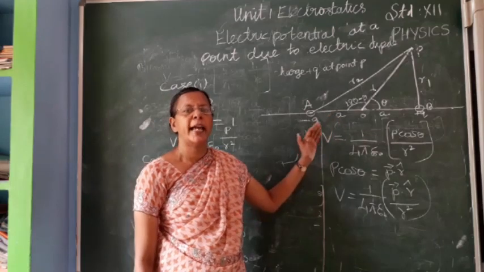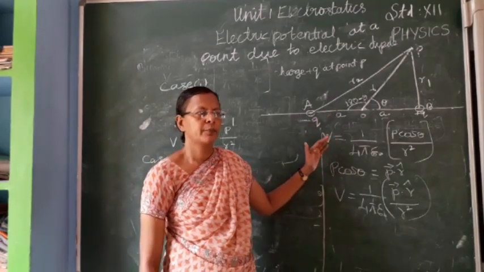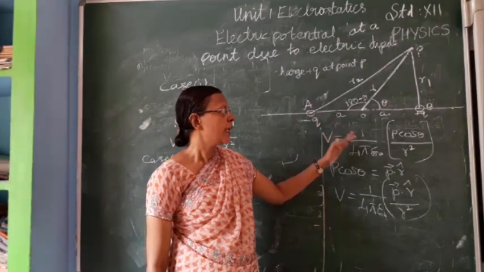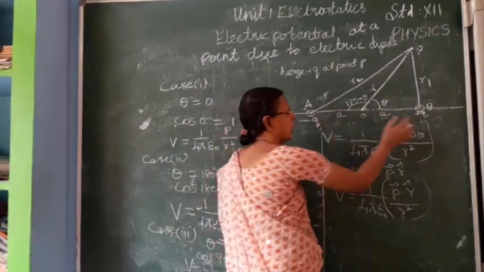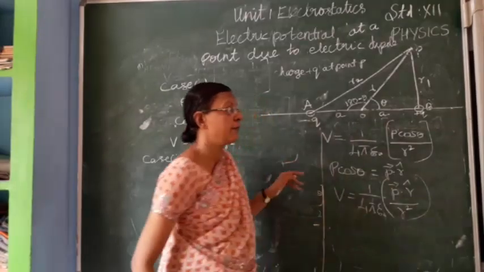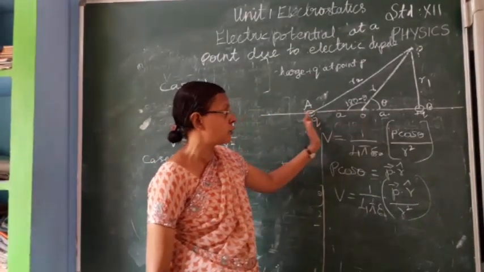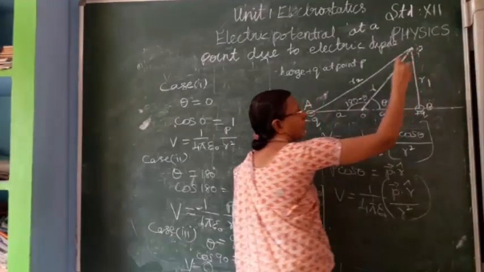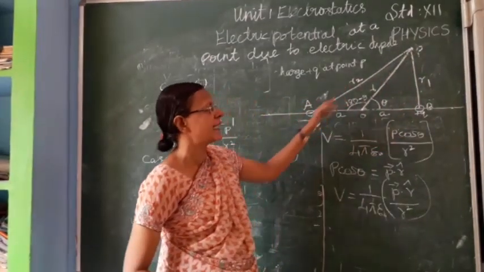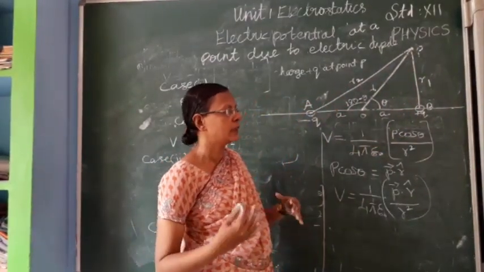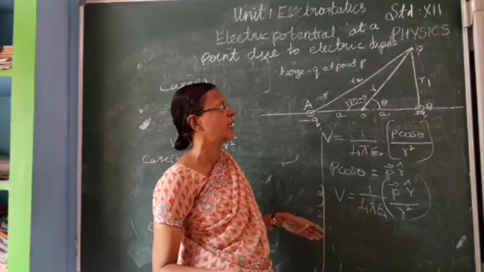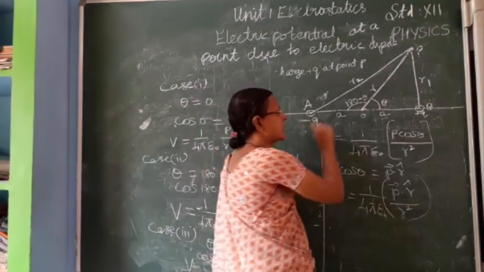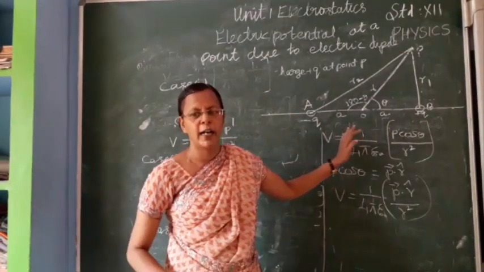Two equal and opposite charges separated by a small distance constitute an electric dipole. These two charges have the same values but are totally opposite. So at a point P, we found what electric potential it is experiencing because of this electric dipole.